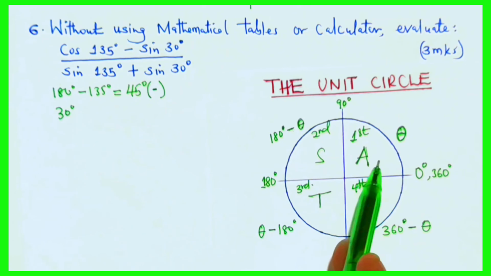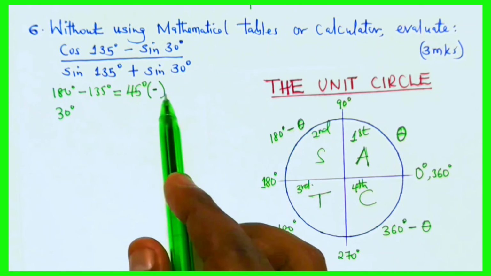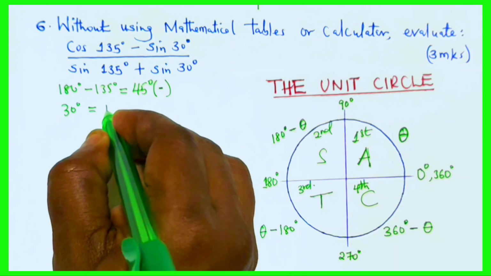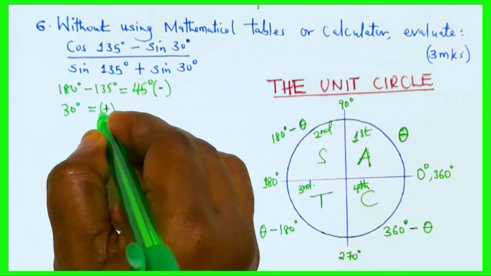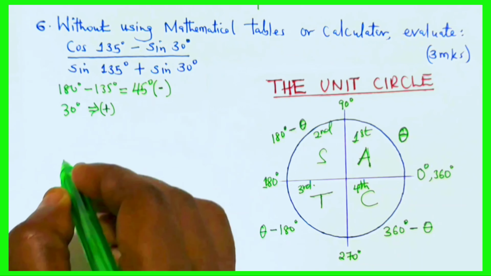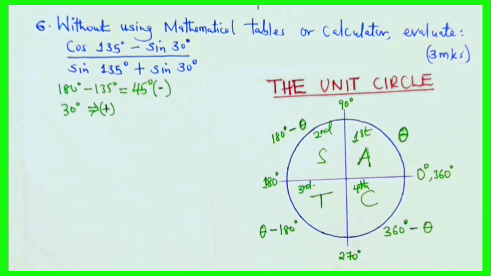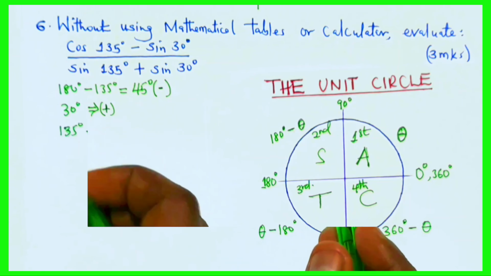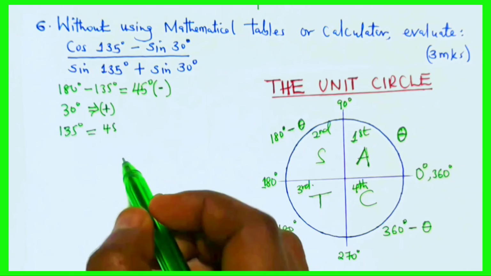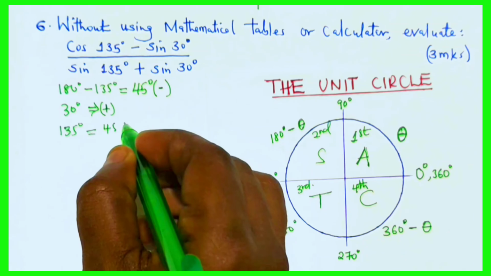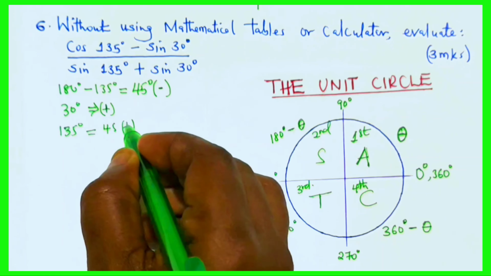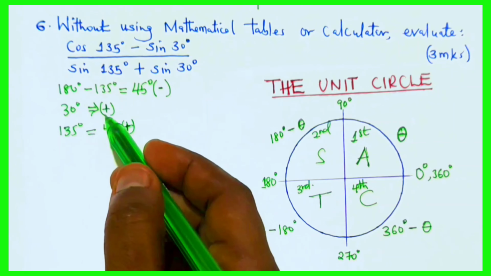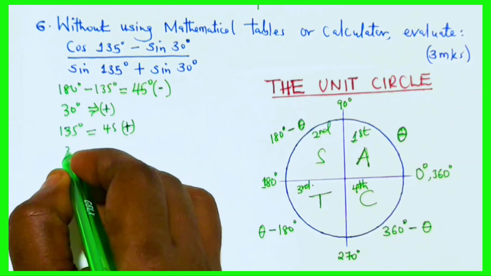So straight away this angle is found in the first quadrant, so the sine of this angle will simply be positive, and then the sine of 135 degrees in the second quadrant, the sine is positive. We are going to consider that this will be a positive number, and then again sine 30 will also be positive.